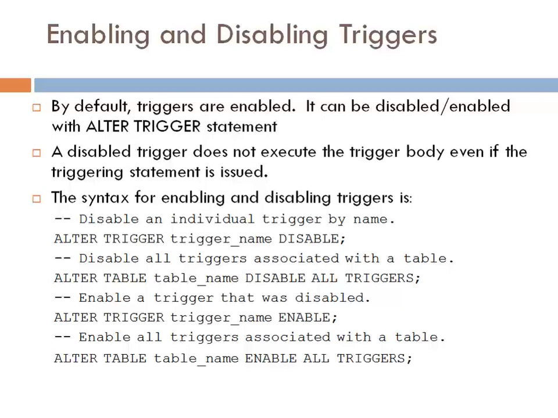So the first statement is disabling the trigger individually: you have to give alter trigger, these are the keywords, the name of the trigger and then the disable keyword. Then if you want to disable all the triggers, then alter table name disable all triggers. This will disable all the triggers which are available on the table.